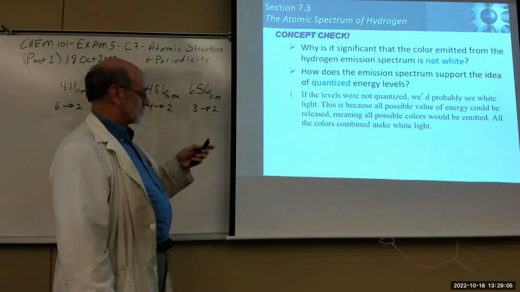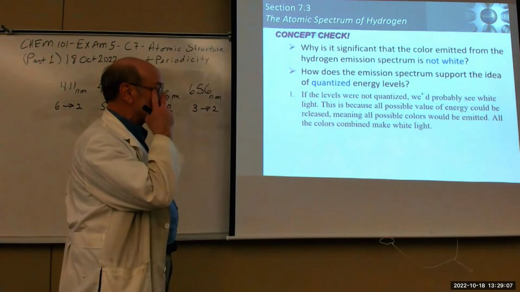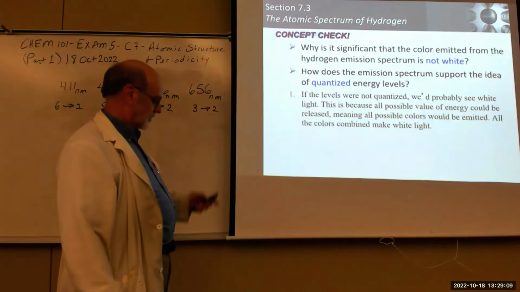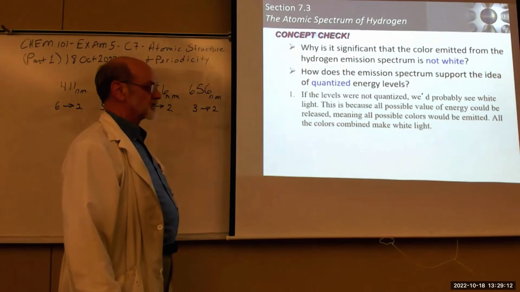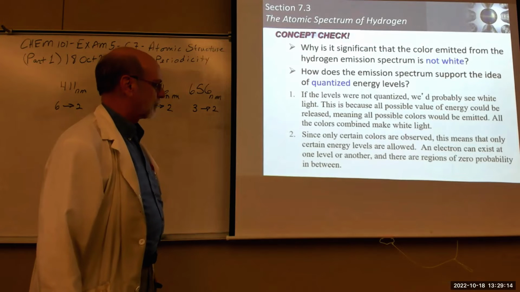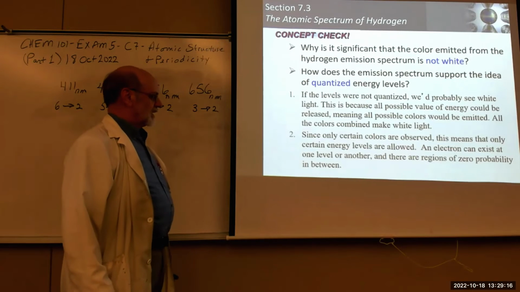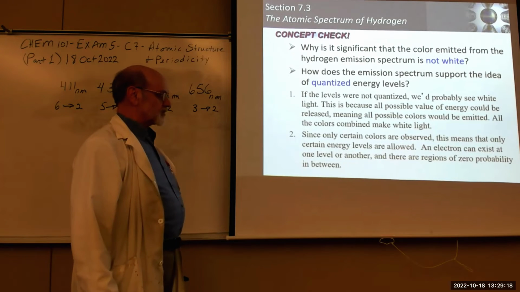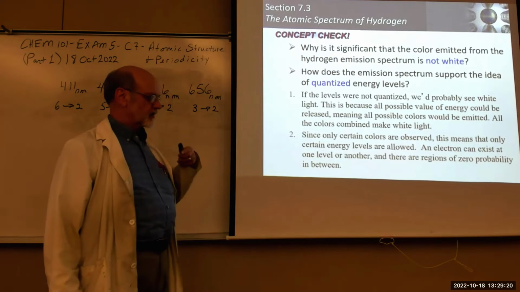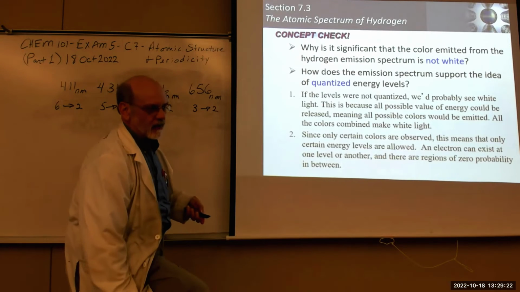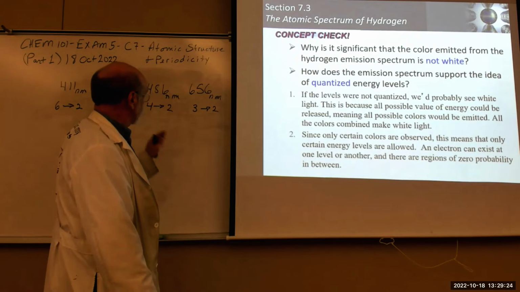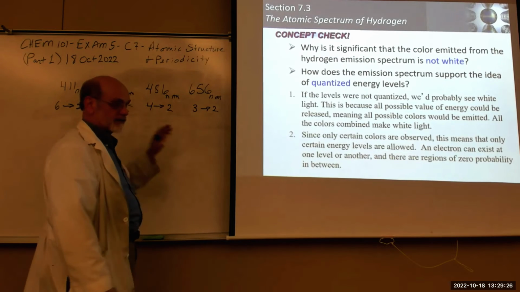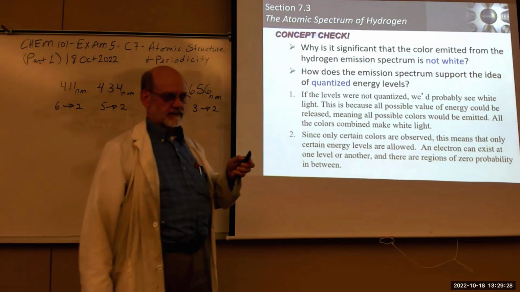So that's the first line of reasoning that supports quantized electron movements. And because there are only certain colors that are observed, that means that you have certain energy levels that are allowed. So we can say that these energy levels are the only ones that are allowed in the hydrogen atom.